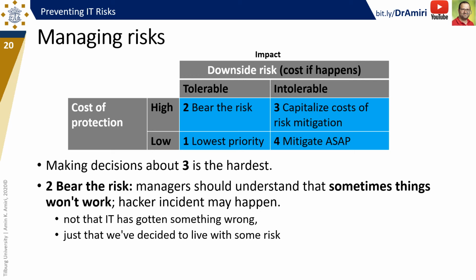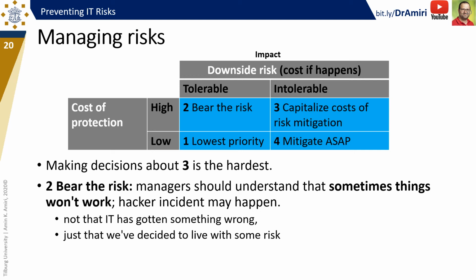And it had two values, tolerable and intolerable. So if the cost of protection is low, but the downside risk is intolerable, you need to mitigate that risk as soon as possible. You have to take all the measures to avoid seeing that risk being materialized.